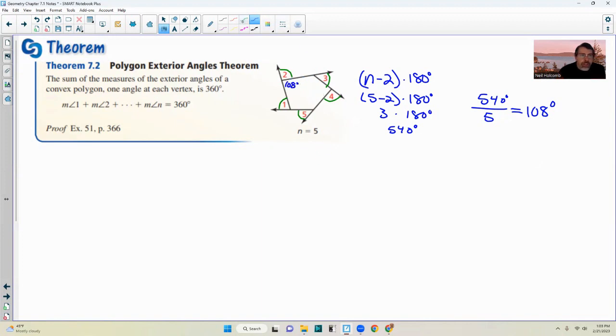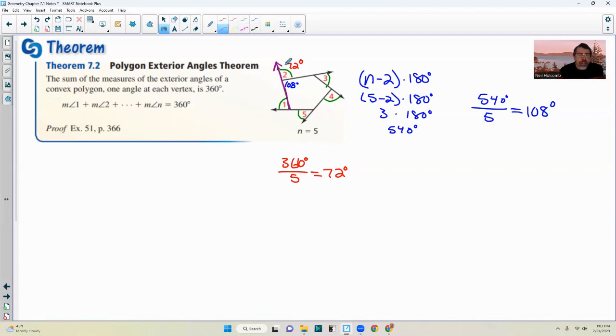And then when we look at the exterior, 360 degrees divided by 5: 5 goes into 36 7 times with a remainder of 1, 5 goes into 10 twice. So I have 72 degrees. So if this is 72 degrees, what is 108 plus 72? Well, drum roll, please. It's 180 degrees.